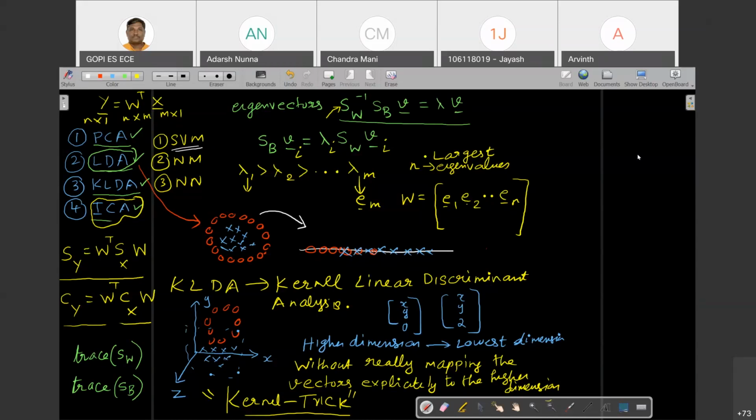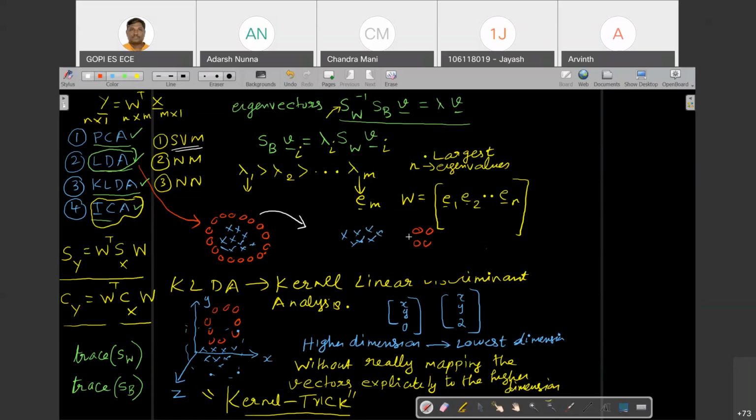So, for example, in case of discriminant analysis, what we really look for is good separation between the vectors. Why do we need good separation? Because I can find the line that divides these crosses and circles.